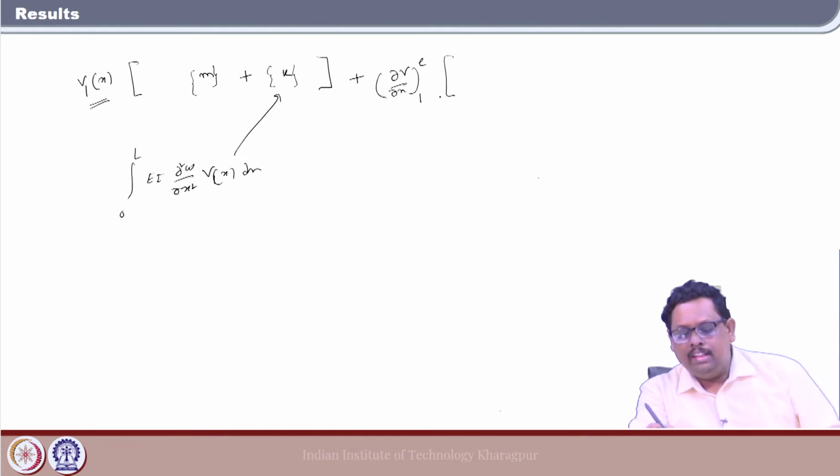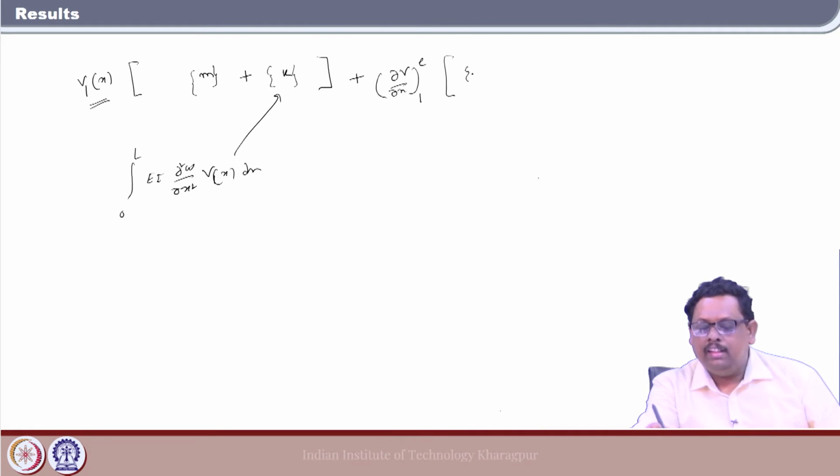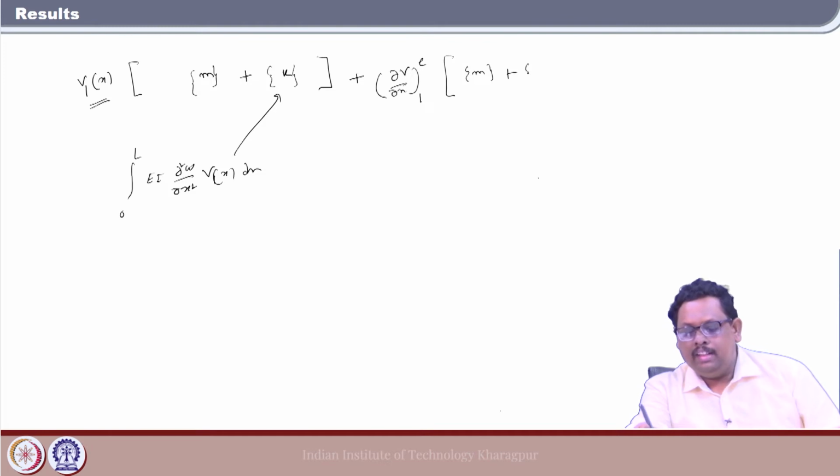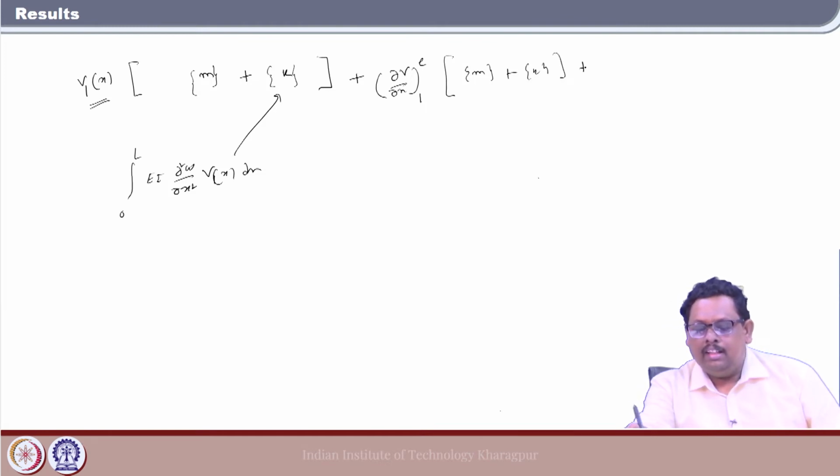Similarly, here also you can have some component, this M, right, and then some component again with the k, and so on.